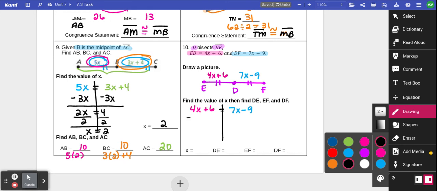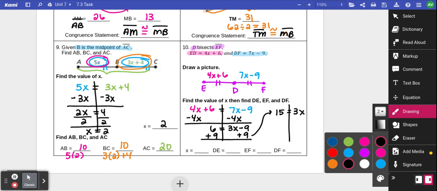Now, when I solve this, I'm going to subtract 4x on both sides, which gives me 6 equals 3x minus 9. I'm going to add 9 on both sides, which gives me 15 equals 3x. And then I'm going to divide by 3 on both sides, so I get that x equals 5.